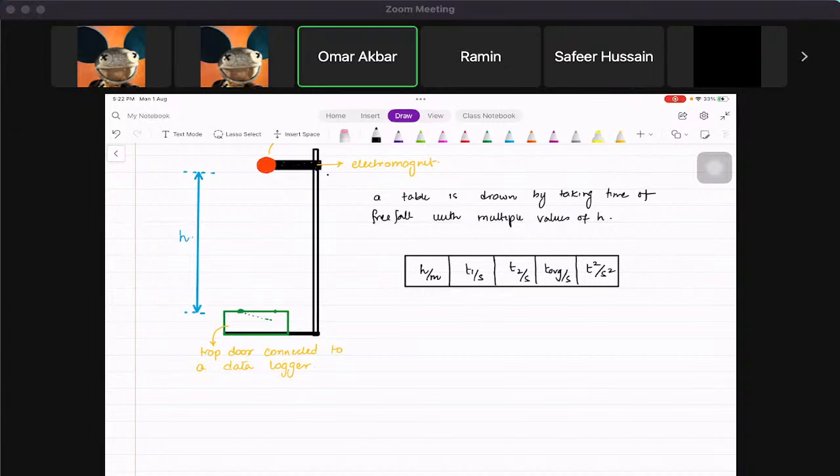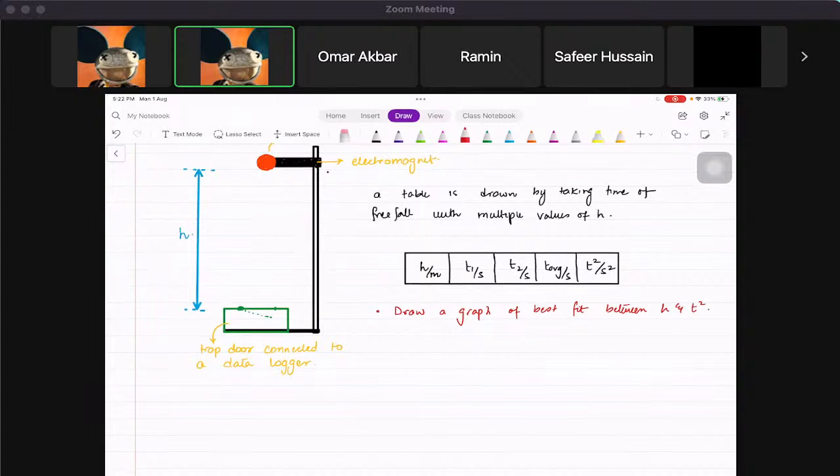Yes, sir. So when I'm done with this, what you want to do is draw a graph of best fit between h and t square.